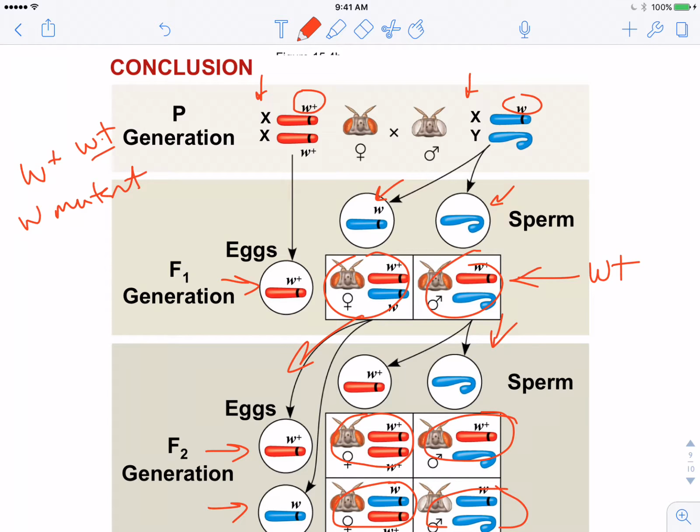This supports the fact that genes are in specific locations on specific chromosomes, and they get segregated the way the chromosomes do. That's it, and we're going to move on to look at linkage and sex linkage in the other screencasts.